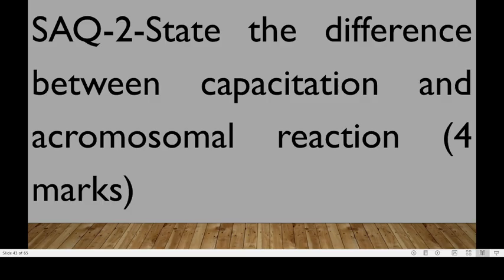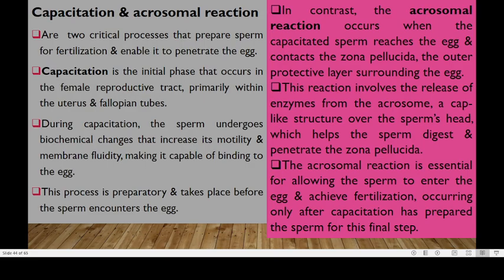So the difference between capacitation and acrosomal reaction, and we all know that these are critical processes that prepare sperm for fertilization and enable it to penetrate the ovum. Capacitation is the initial phase that occurs in the female reproductive tract, primarily within the uterus and the fallopian tubes.